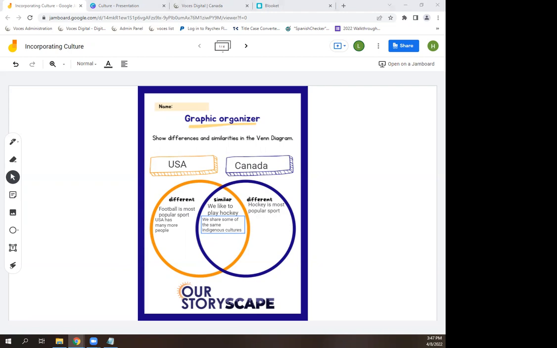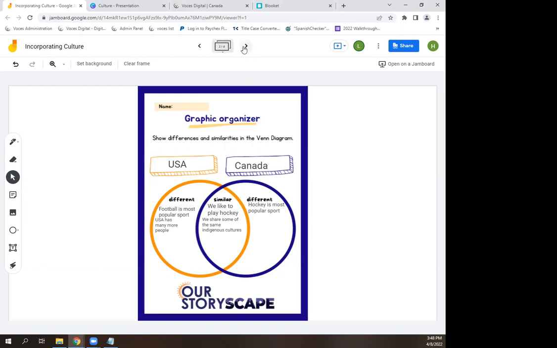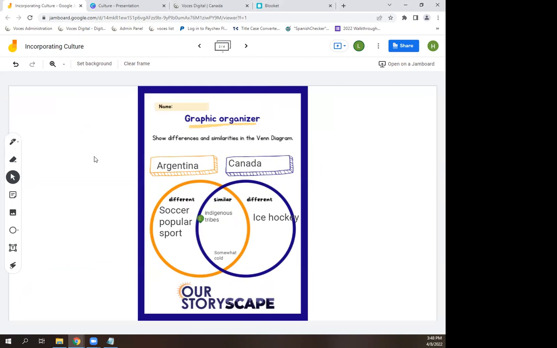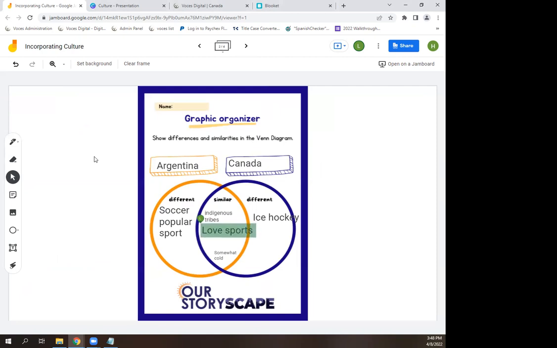So that is a really interesting point, because you can somewhat relate in a way. Well, what I could say about it too is that we both love sports, even if they're not the same one. Exactly. And we are both colonized areas too.